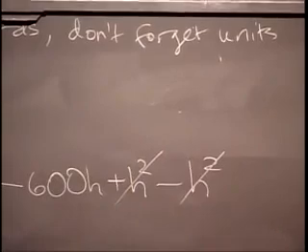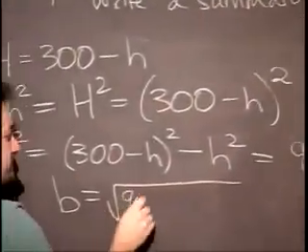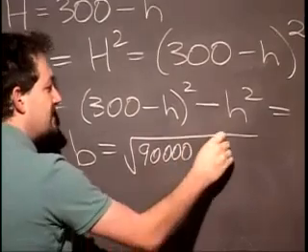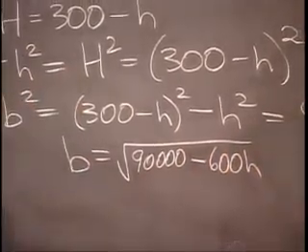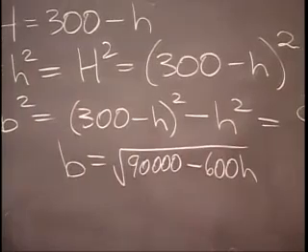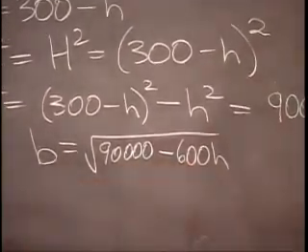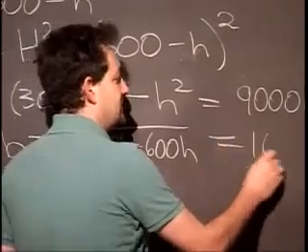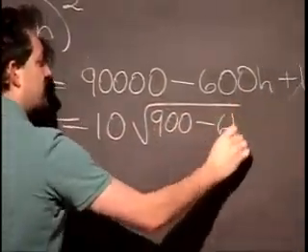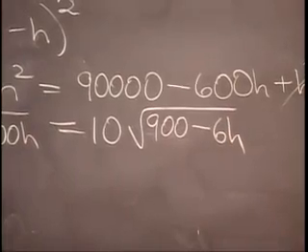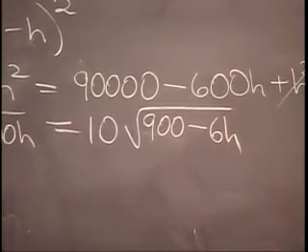That's kind of nice. So finally, b is equal to the square root of 90,000 minus 600h. And I'm actually going to pull out a factor of 100. See, 100 goes into this, 100 goes into this, and the square root of 100 is 10. So this is 10 root 900 minus 6h. That's cut it down to size a little bit. No problem. So I've solved for b.